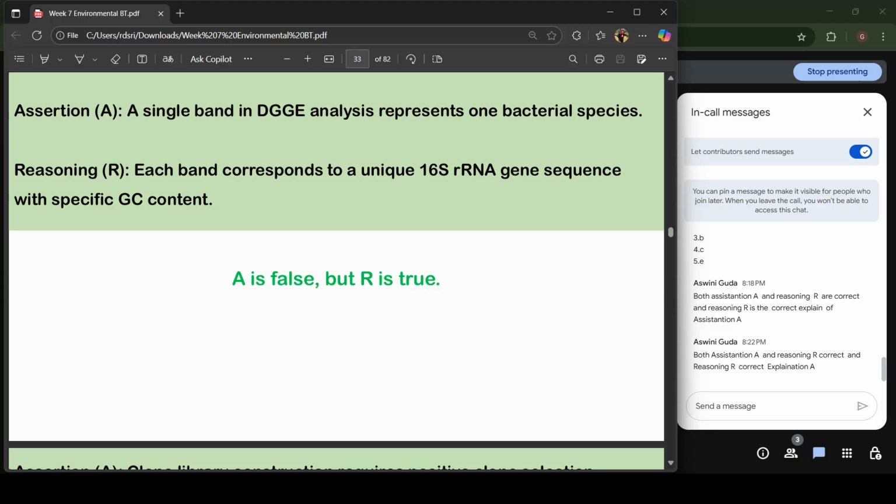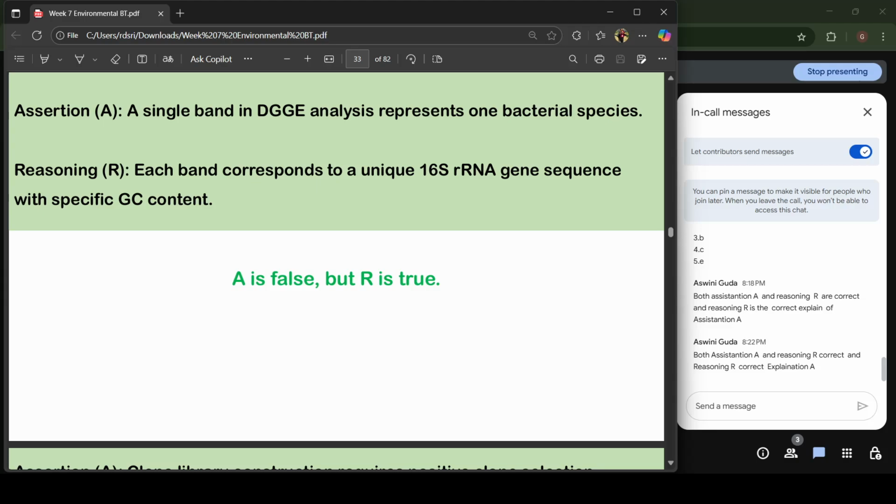The reason it is showing a single band may be because they have similar denaturing properties because of the similar GC content that these genes possess. So this is one of the limitations or drawbacks of using DGGE analysis. Though we might think it belongs to only one bacterial species and count it as one, it may not really be the case.